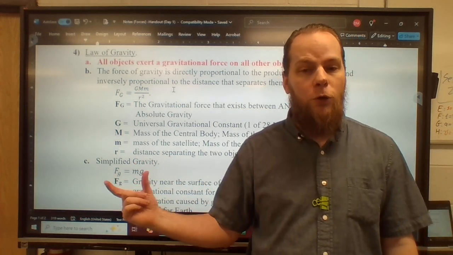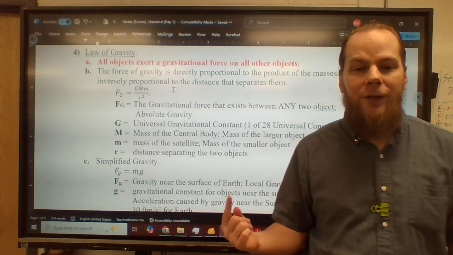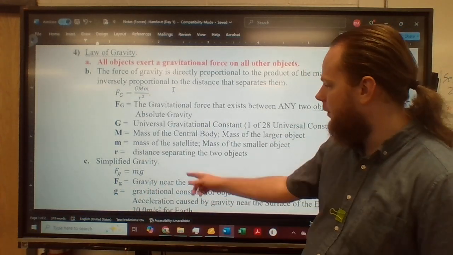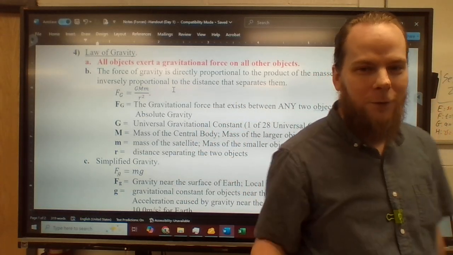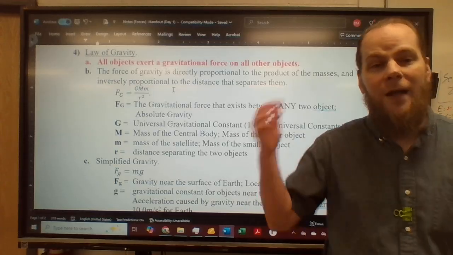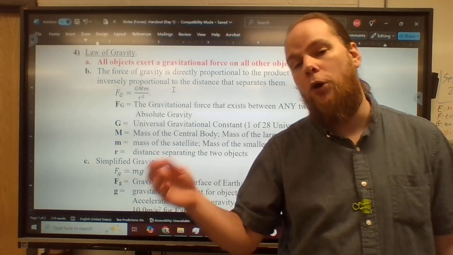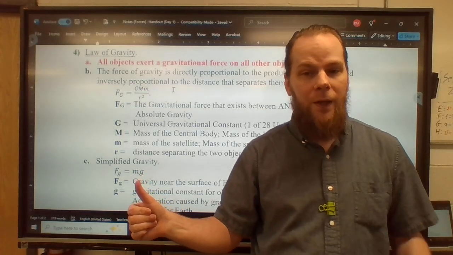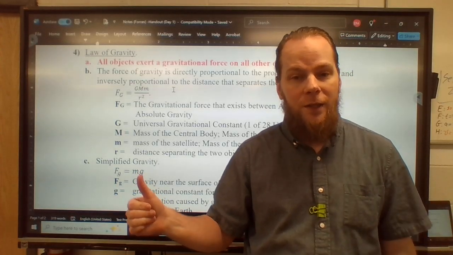This is local gravity. Okay, it's the gravity near the surface of the Earth, also known as local gravity. Every planet has its own local gravity. Every planet has its own little g. Little g is the thing that changes here.